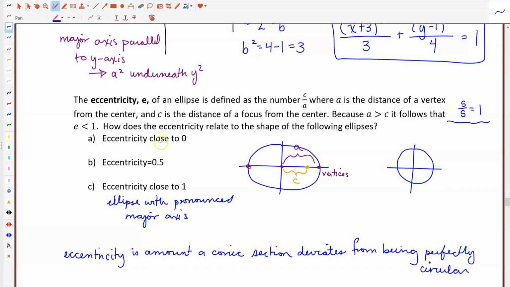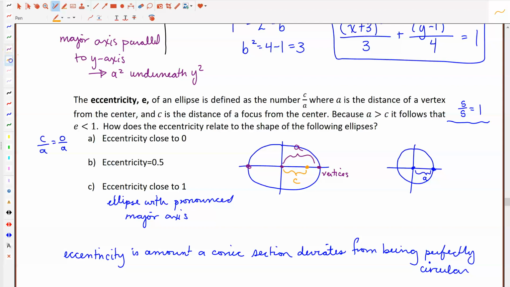For the eccentricity to be close to 0, the value for c is going to have to be close to 0, because 0 divided by some number is going to give me 0. And a, this distance to our vertex, can't be 0, because from the center I've got to go out some distance to get to this point. Even on circles, we consider that to be the radius.